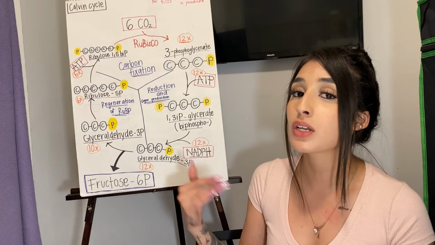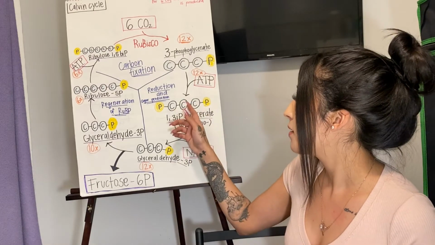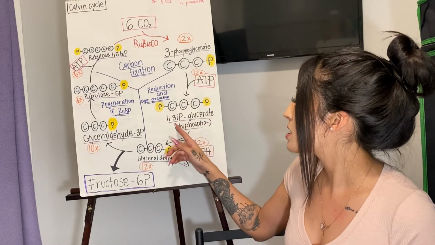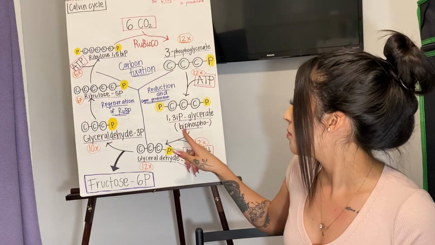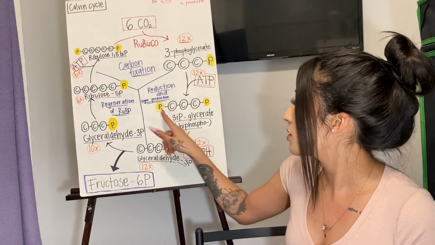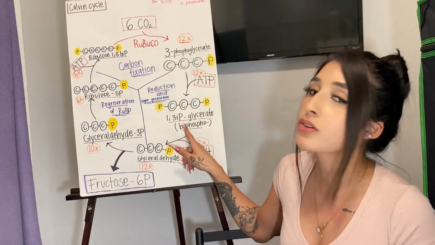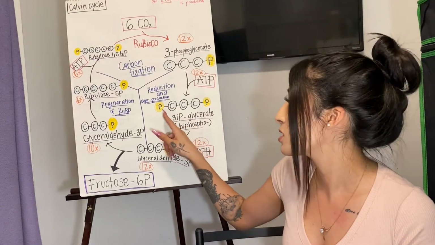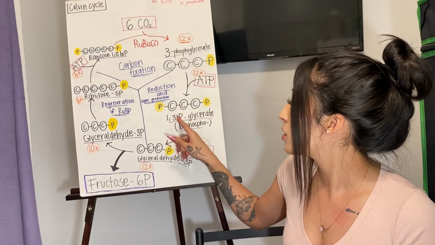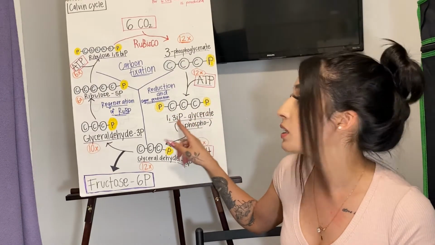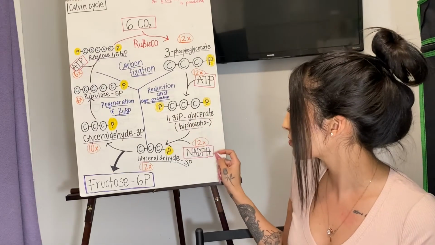It gives one of its phosphates, and now this phosphoglycerate becomes biphosphoglycerate. Bi is denoted to be biphosphate, so it's 2 phosphates now. 3 carbons still, but now it's on not only the 3 position, but the 1 position.